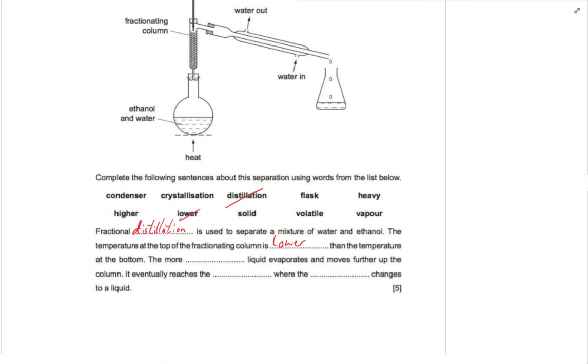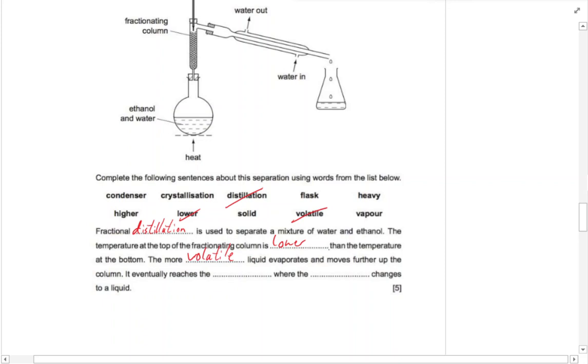The more, I think this is going to be volatile, so we'll pencil that in. The more volatile liquid evaporates and moves further up the column. Volatility is if something turns to a gas more easily, so essentially it would have a lower boiling point.